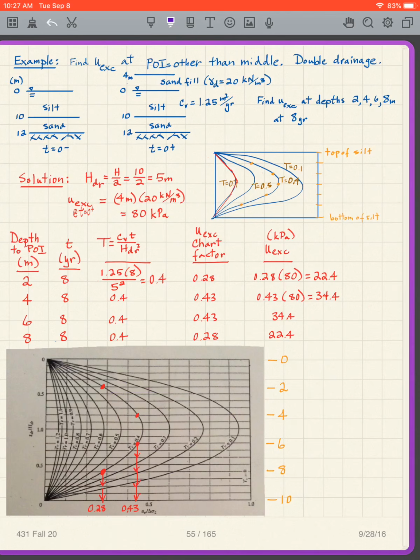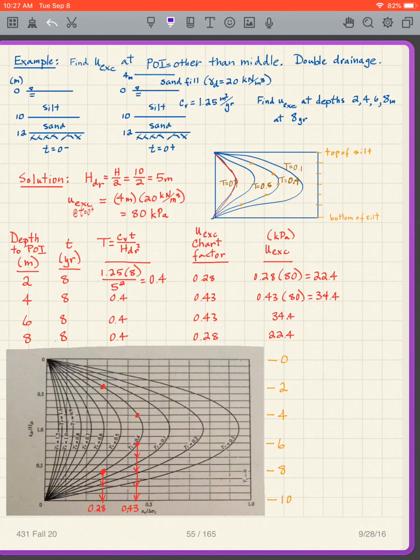So just showing these two, I have this one, I read it down, 0.28. This one, I read it down, 0.43. The others are similar. So I get 0.28 at 2, 0.43 at 4, 0.43 at 6, 0.28 at 8.